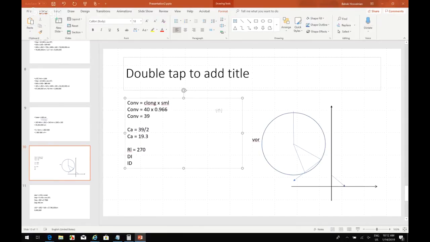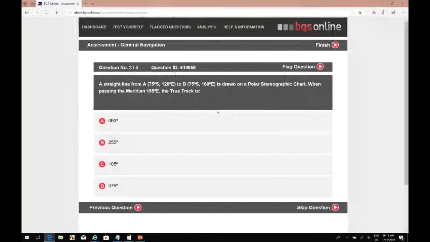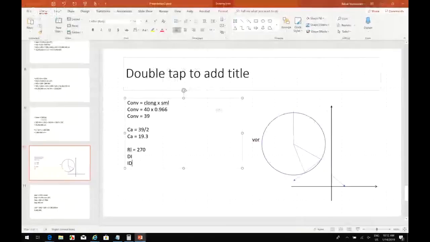Yeah, that's right. True track 270. It increases. So initially the track would be 270 plus 19. No, minus 19. Oh, dear. 270 minus 19.